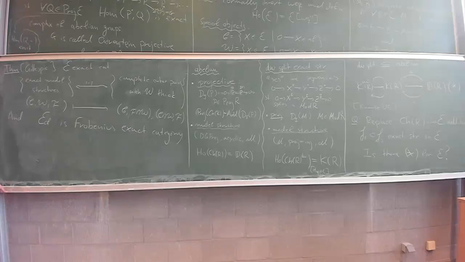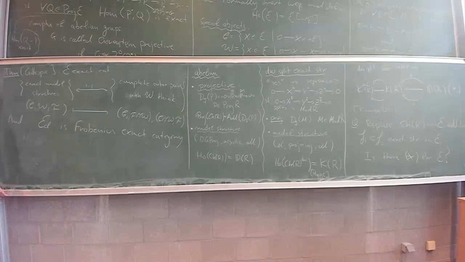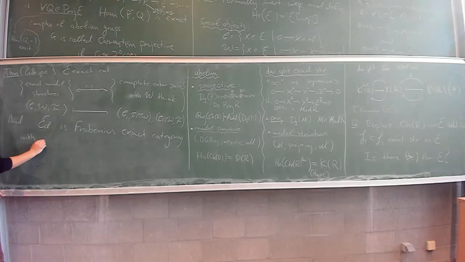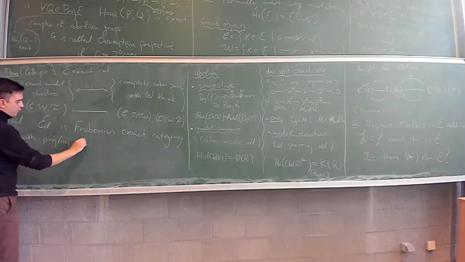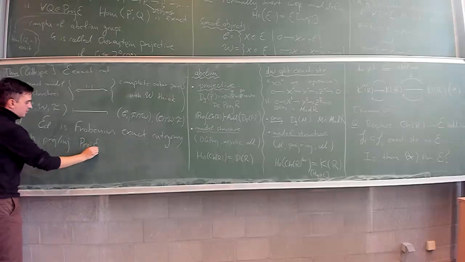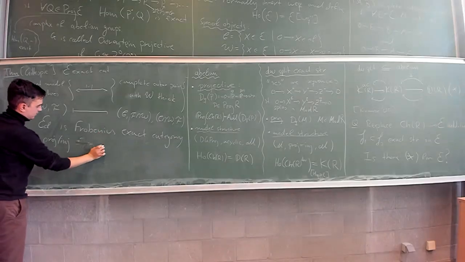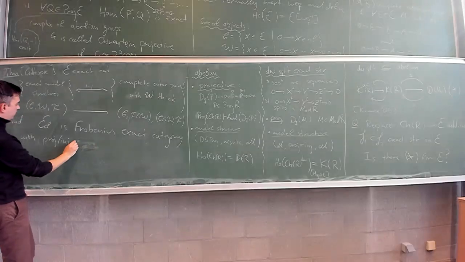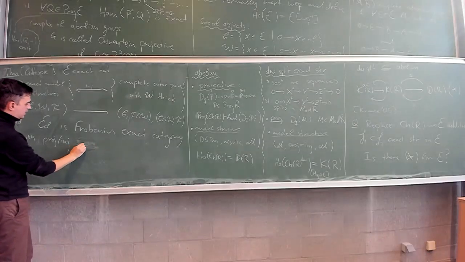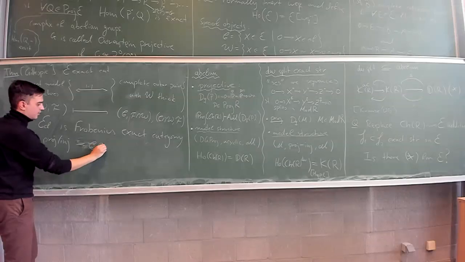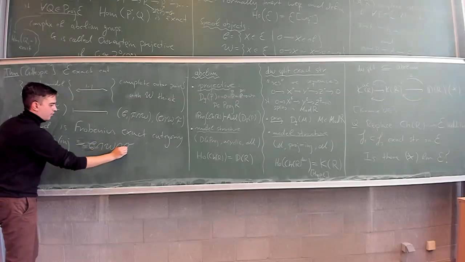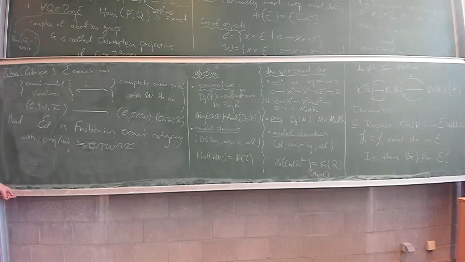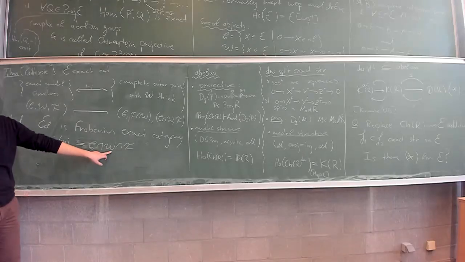It means that it has enough projectives, it has enough injectives, and these two classes coincide. In this case, the projective-injective objects are going to be exactly the intersection of all three classes, so all the bifibrant objects that are also trivial.